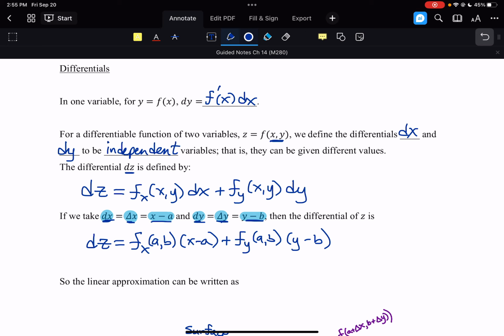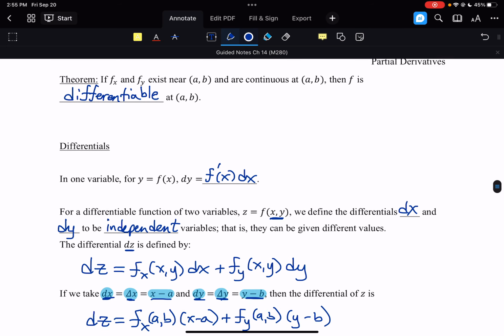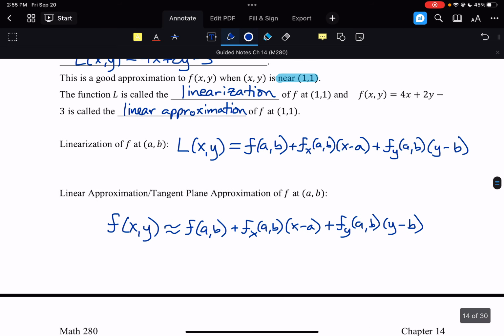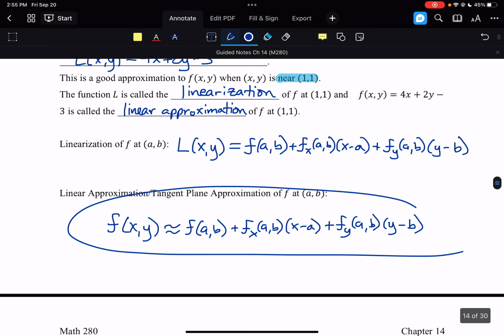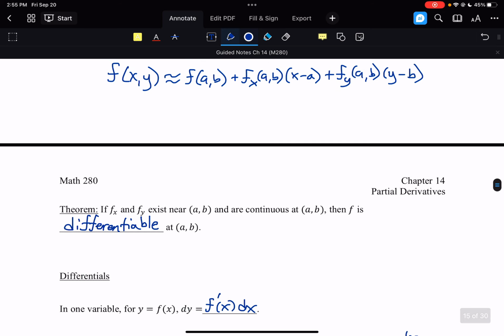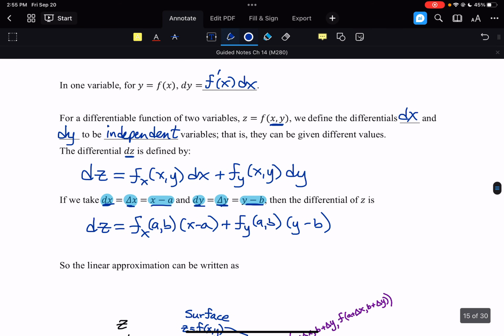So the linear approximation, if we go back here, this whole part is just the dz from the equation we just did. So the linear approximation can be written as f of x y is approximately equal to f of a b plus dz.